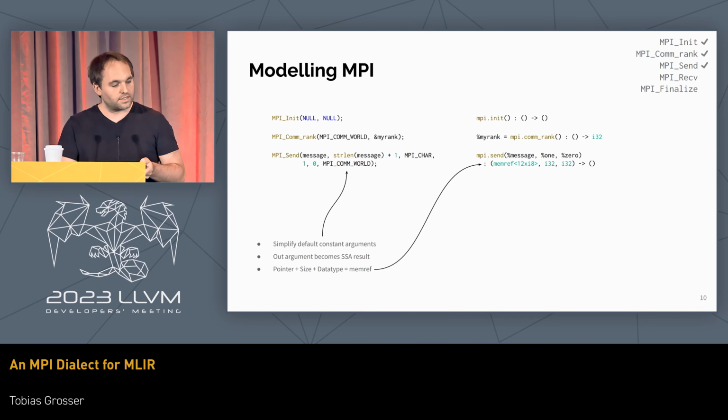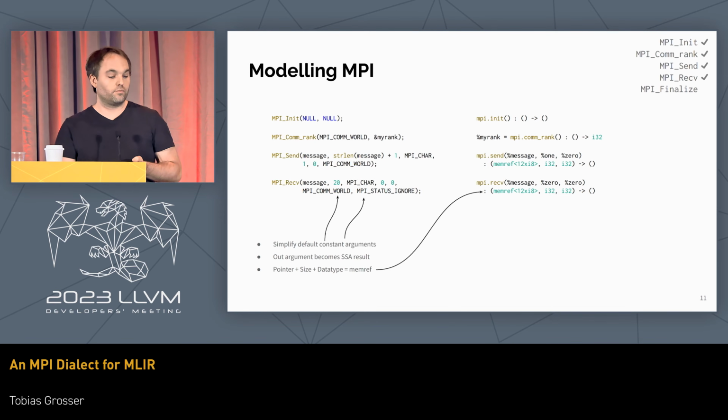I didn't say that, but MPI comworld, for example, MPI has a concept of a communicator. It would be nice to model that eventually, but as a default value, we can just assume that it's always MPI comworld, and then in the future we can extend that MPI send operation if we really want to be able to specify the communicator.